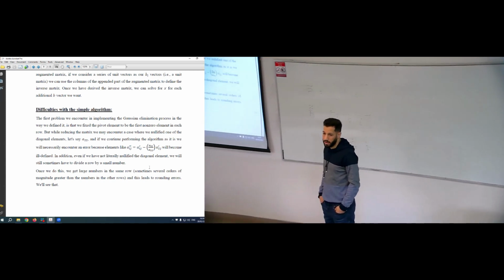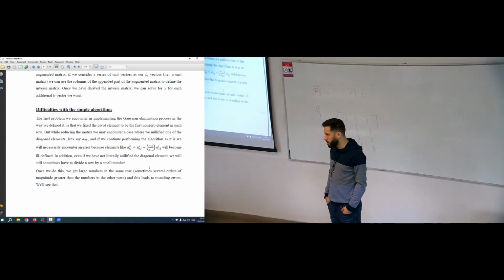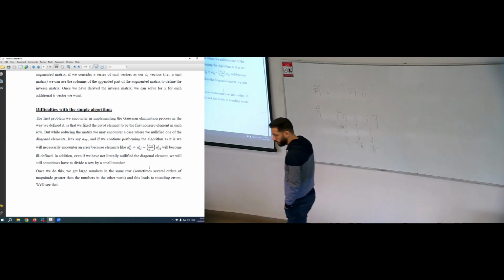The first problem is that we somehow assume that A11 is not 0. Okay? Maybe A11 is 0. And after we assumed that, we got to A22 prime and assumed that also it is not 0, and continue.